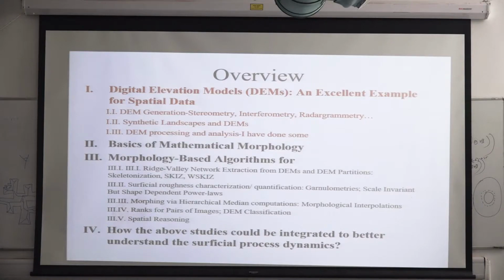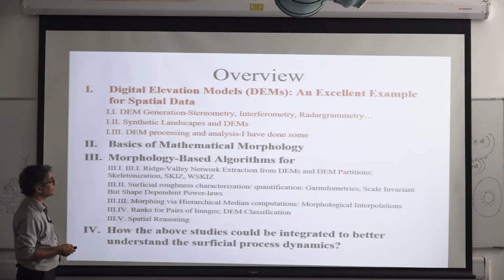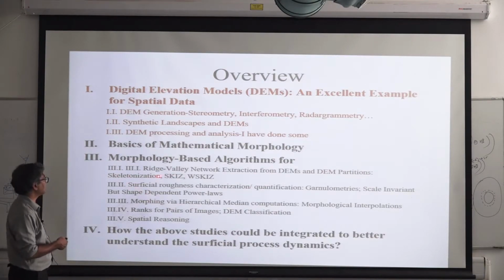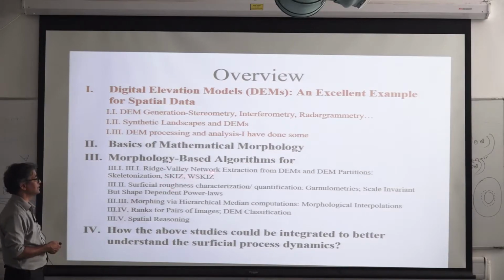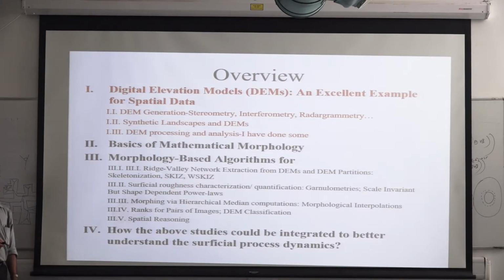You can see all this you are familiar with now, and the Ridge Valley network extraction from DEMs. DEM partitioning I have not covered, and this is skeletonization by influence zones, weighted skeletonization by influence zones. It has a number of applications. This is also one type of interpolation which I have not covered.